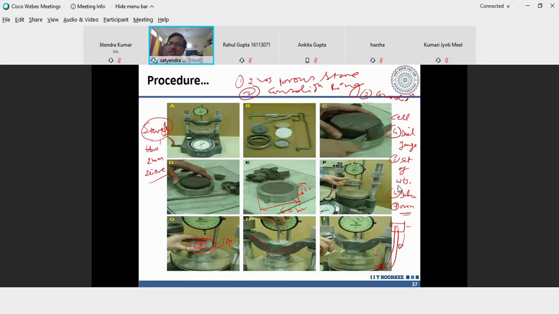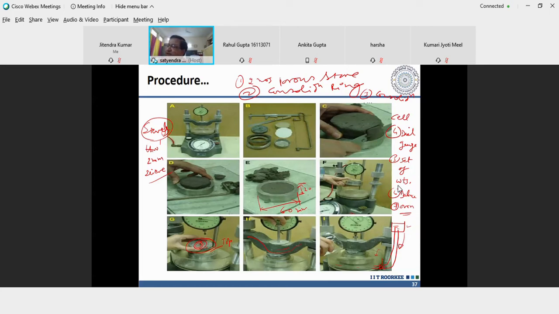That load is left again on the soil specimen for 24 hours. Third day again we come to the laboratory and we double the second day's loading. Means yesterday's loading we double today. Likewise, this test is conducted.